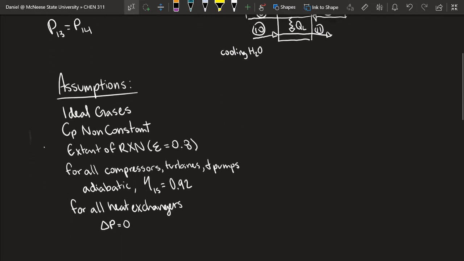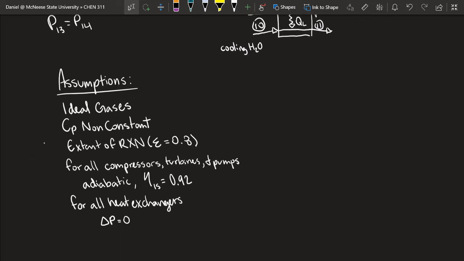And to start, as far as the assumptions would go for turbines and compressors and pumps, we're going to first assume that the work is ideal, so that delta S gen is 0.